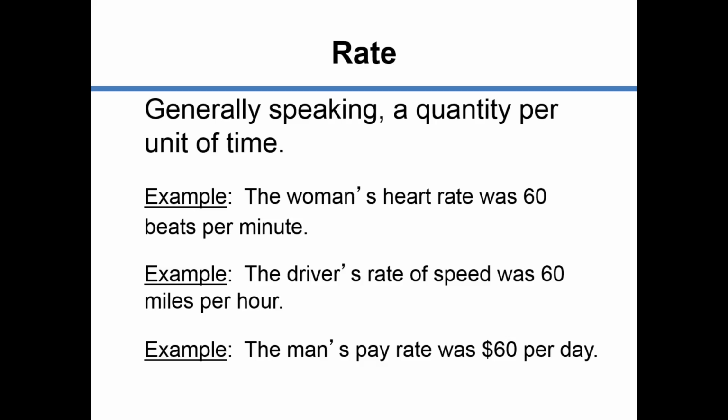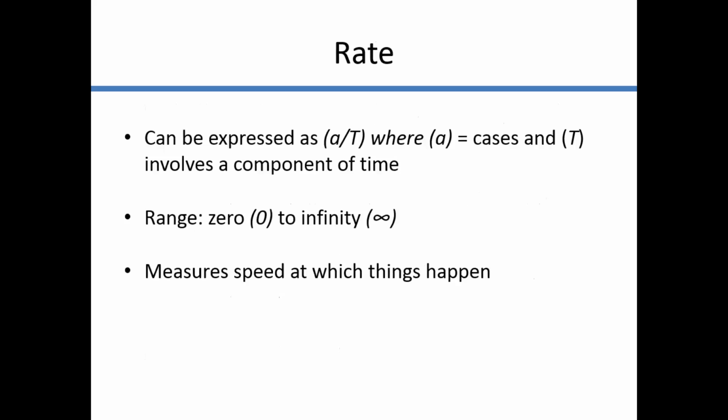The driver's rate of speed was 60 miles per hour. The man's pay rate was $60 per day. So they all have time in the denominator, and none of them, as you will see, are a proportion. The numerator is not included in the denominator.